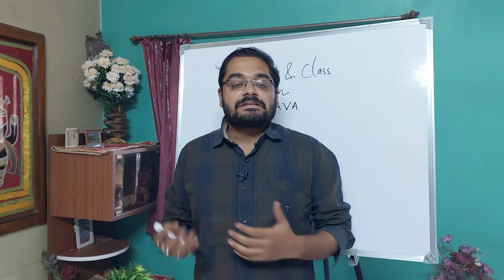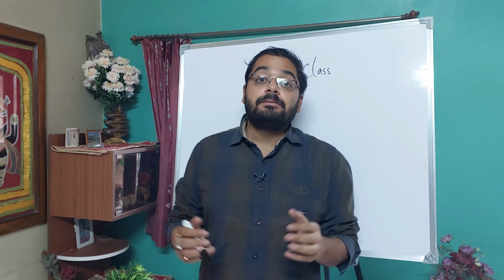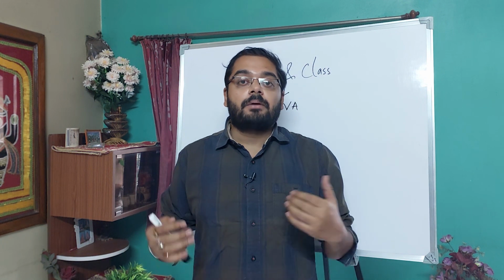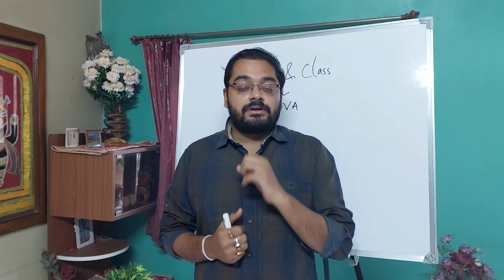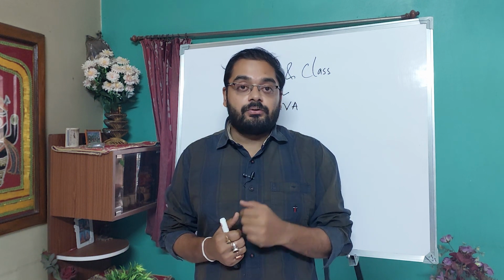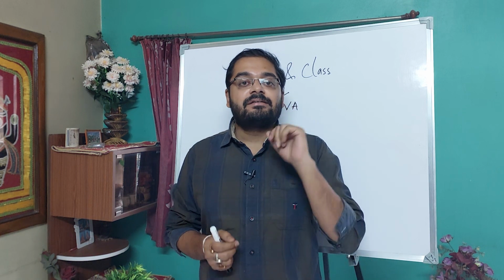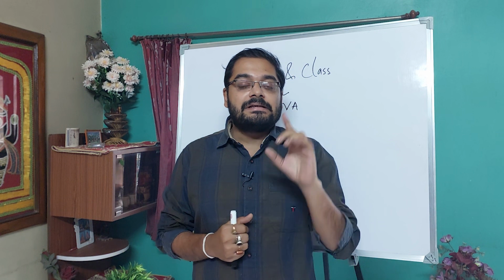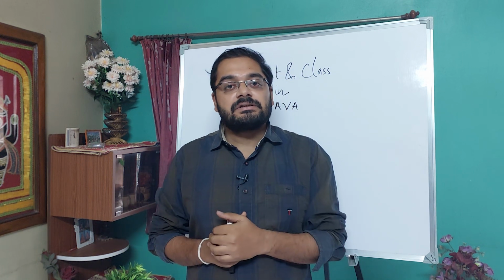Today I will discuss a new topic, that is class and object in Java. Before entering the topic, in my previous video, one of my students asked me a question: sir, why is object-oriented programming more secure than procedure-oriented programming? The answer is, among the characteristics of object-oriented programming, one is abstraction. What is abstraction?